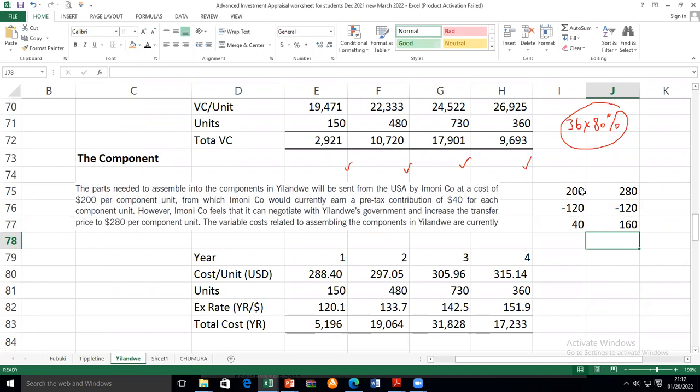Mr. Perry, yes, please. Not the other way around. Also, this should be 140. 160. Let's go. A pre-tax contribution of 40, so that's 40 there. So here is 200 minus 40, that is 160.